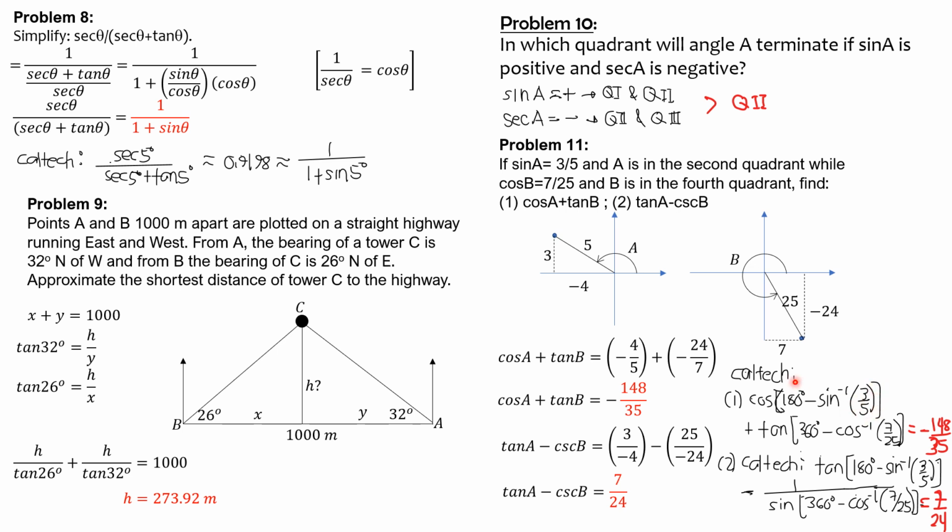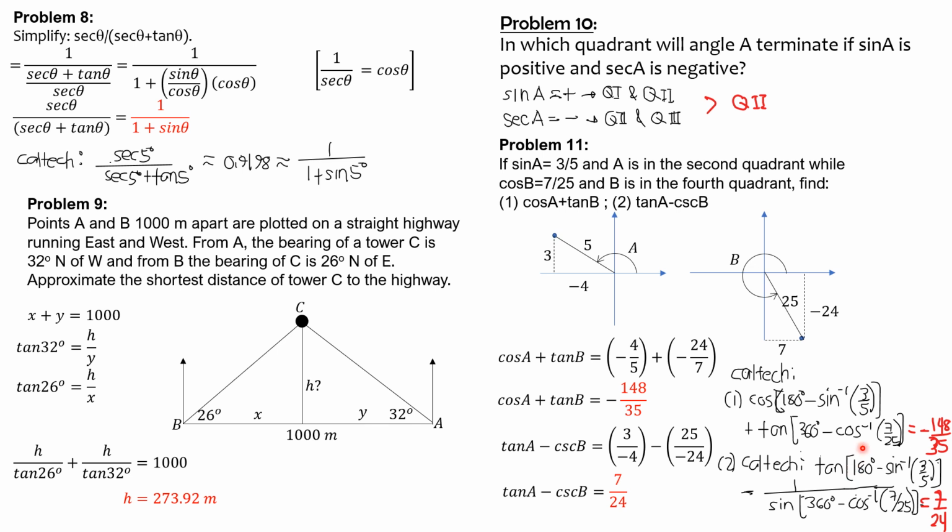In natural display, you have two close parentheses at the end. Then since B is in the fourth quadrant, the reference angle is this angle here. So therefore, you should press tangent of quantity 360 degrees minus inverse cosine of 7 over 25.